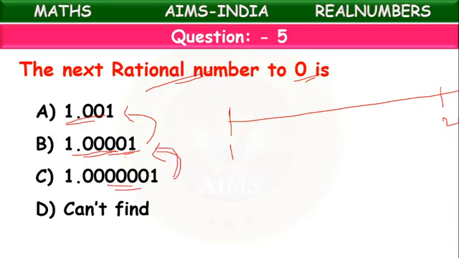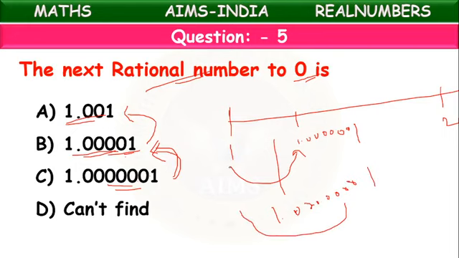Suppose here if we take 1.0000001, which is nearer to 1, if I divide with 10, I'll get one more value nearer to 1. 1.00000001.